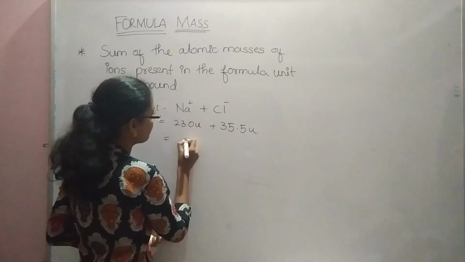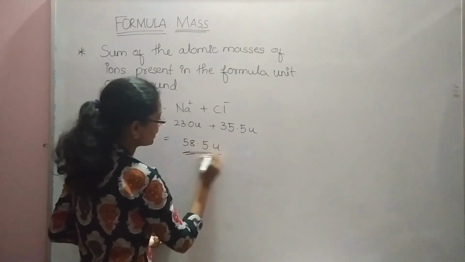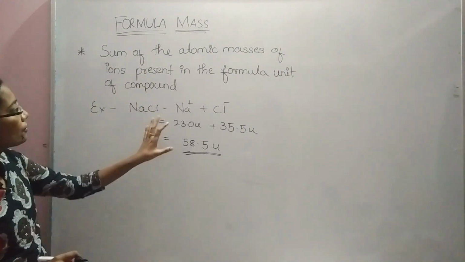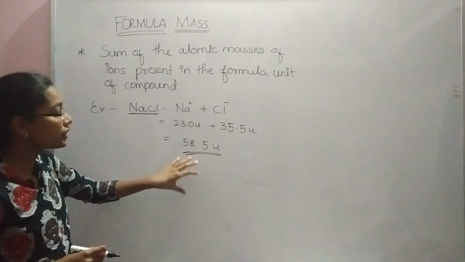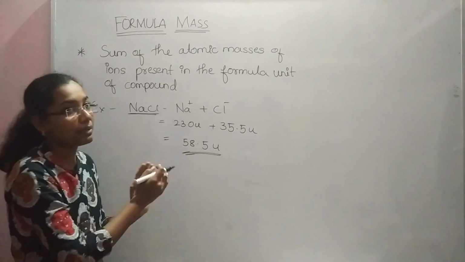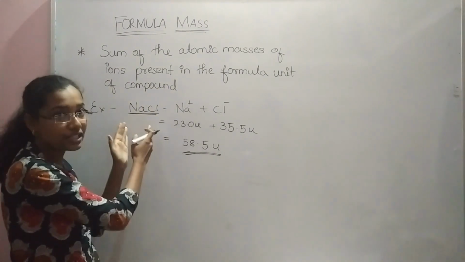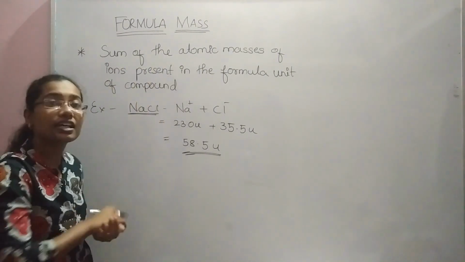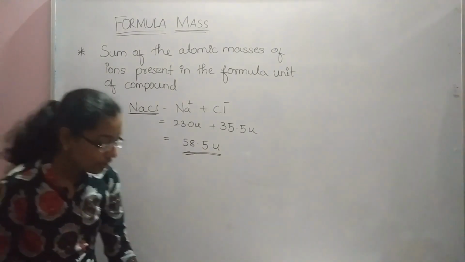That is 58.5 u. This is the formula mass of the NaCl compound. For this we don't call it molecular mass, we call it formula mass, because we have derived it on the basis of the formula of that compound. This is not the molecular mass.